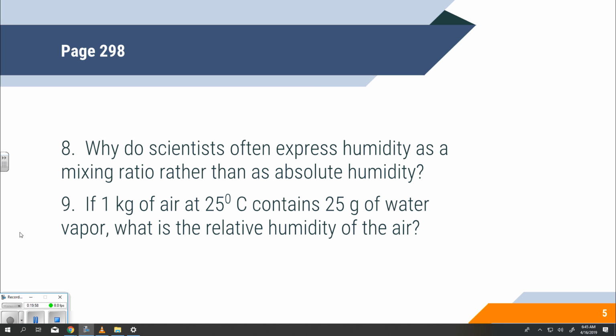Set your problem up as 10 divided by 20 equals 0.5.